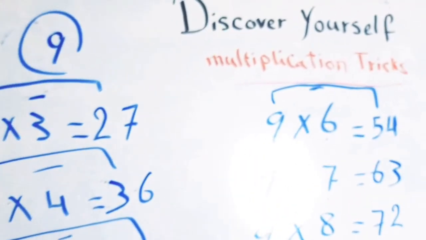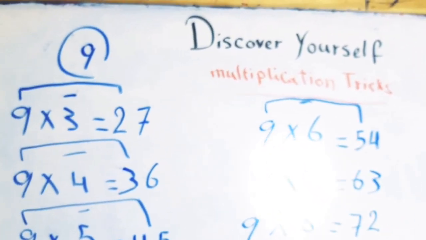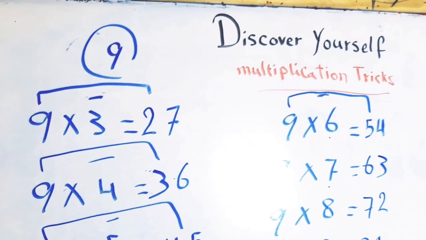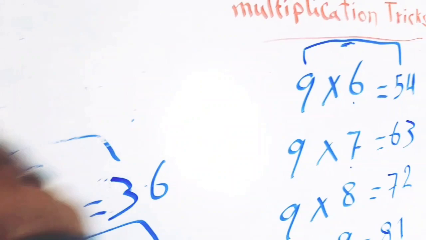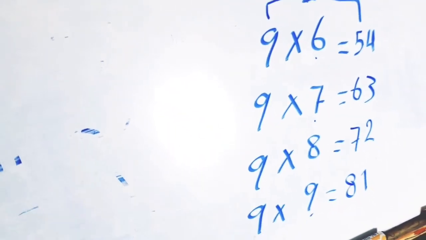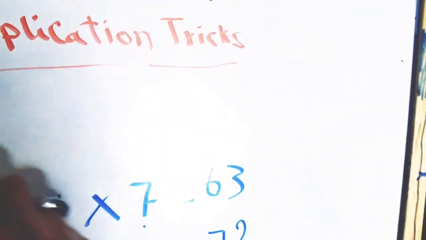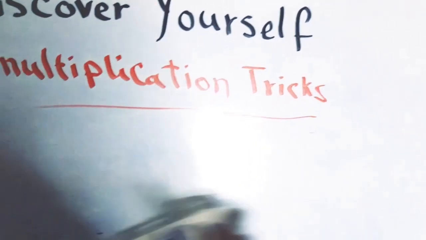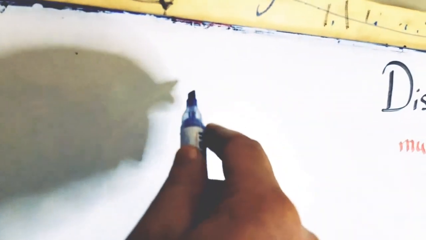Okay, let's move to another check in connection with multiplication secrets. Our check now is related to multiplying any number whatever by 11.